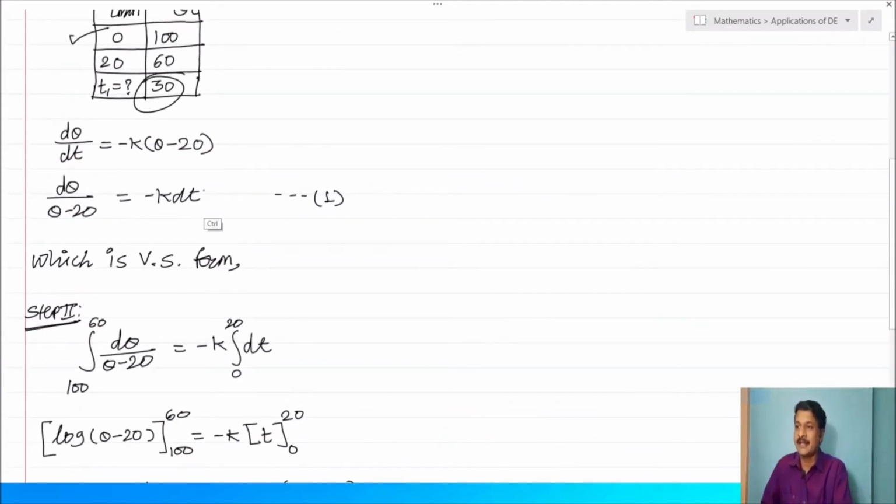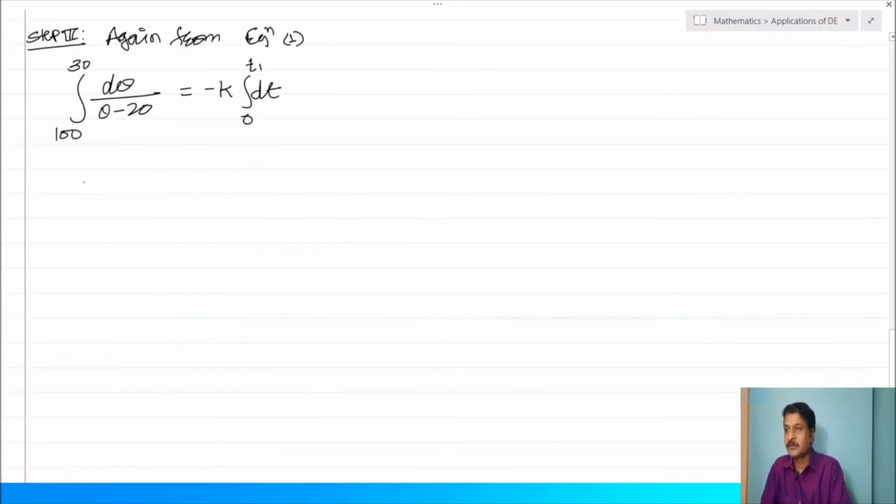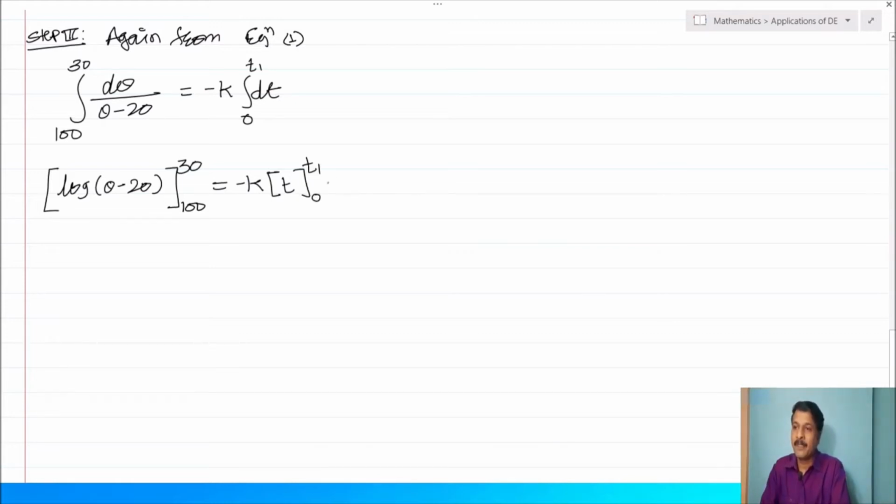It is 30. So again the integration of d theta upon theta minus 20 is log of theta minus 20, lower limit 100, upper limit now 30, and that is equal to minus k t, since the integration of dt is t, with lower limit 0 and upper limit t1. So t1 is our target.